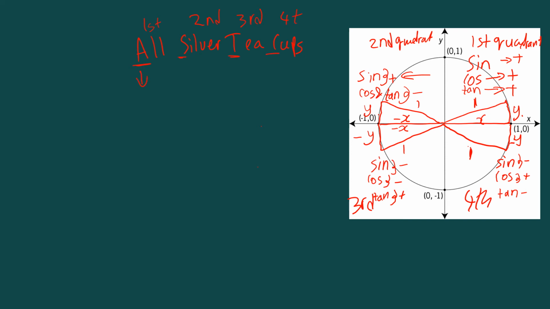So in here it's all, in here it's sine, in here just tan is positive, and in here just cos is positive. Okay, so I mentioned this because in the next video I'm going to talk about some questions where we have to use this, but for now I'm just going to give you one question.